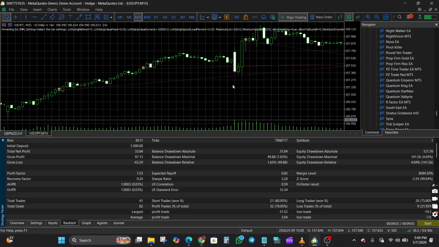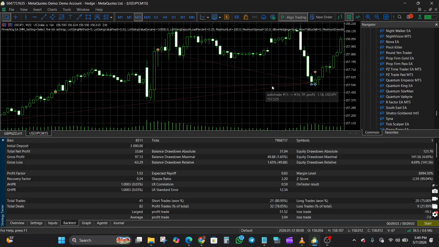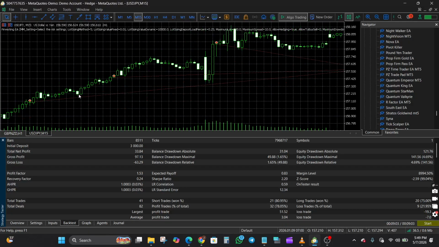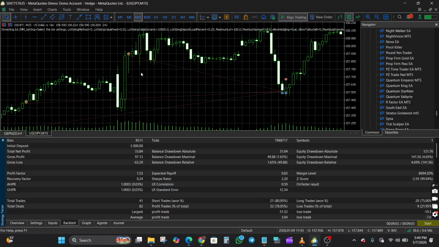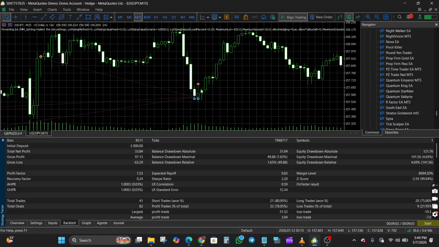So this was a basket close of three trades, whereby two were losing trades and one was a winning trade. And then we can also see that a buy trade or a sell trade was taken and closed within the same candle.